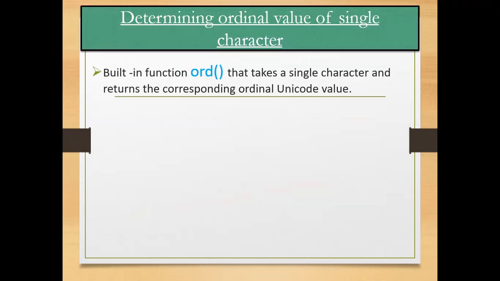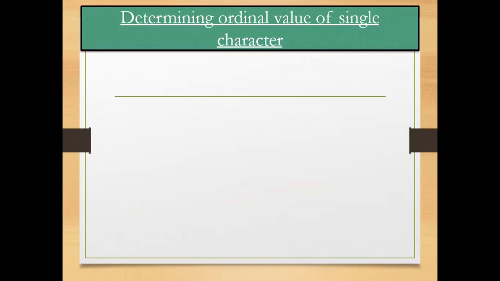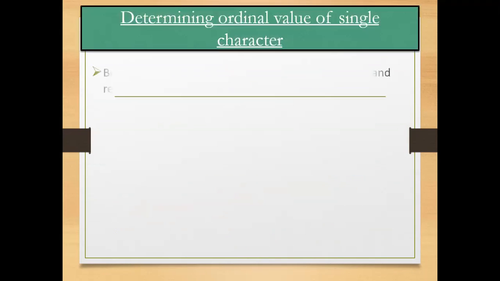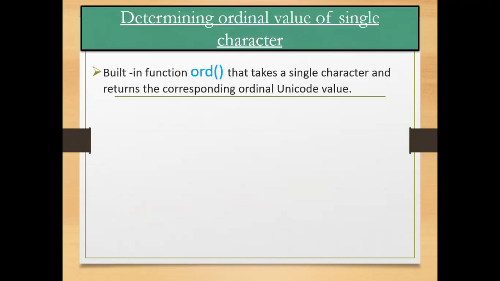How do you find out the ordinal value of all the characters, in case you are not able to memorize this particular table? We have a built-in function called ord, and this takes a single character as its parameter. It takes a single character as its argument.